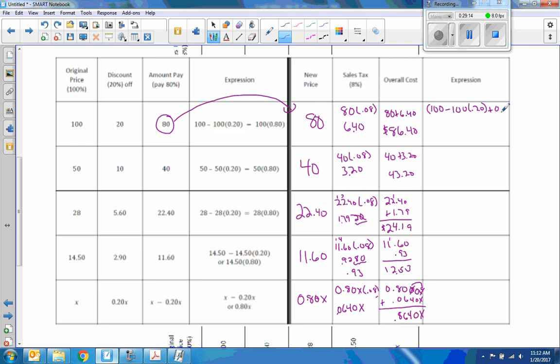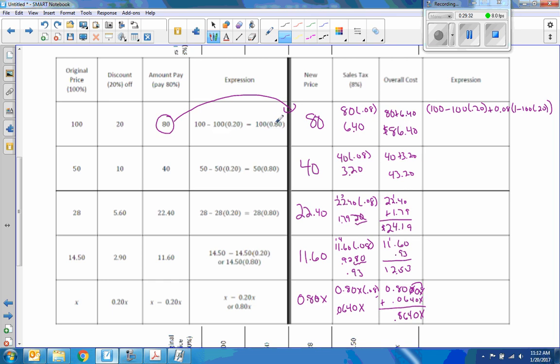So it's 0.08 times 1 minus times 0.20. Okay, so where am I getting all this here?